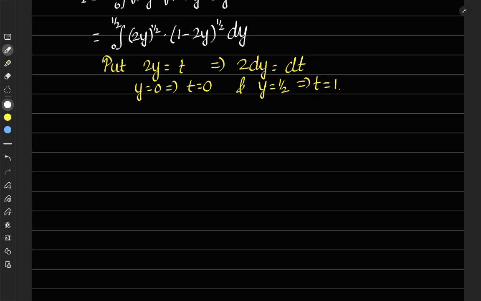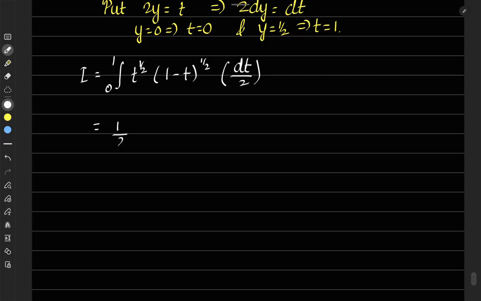Using these substitutions, we can write this integral I as the integral from 0 to 1 of t to the power half into (1 minus t) to the power half. Notice that dy will be dt by 2. So this quantity can be rewritten as the integral from 0 to 1 of t to the power 3/2 minus 1 times (1 minus t) to the power 3/2 minus 1 dt.